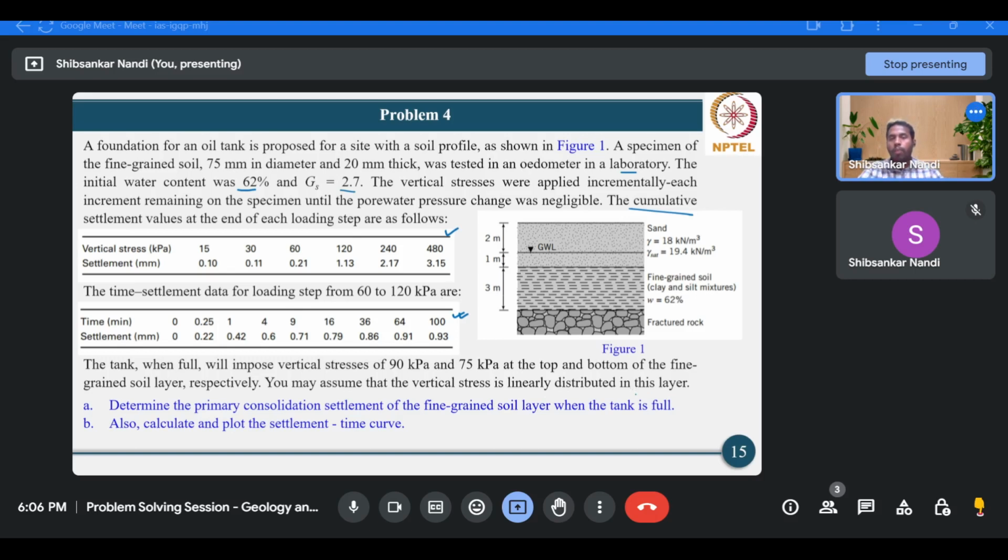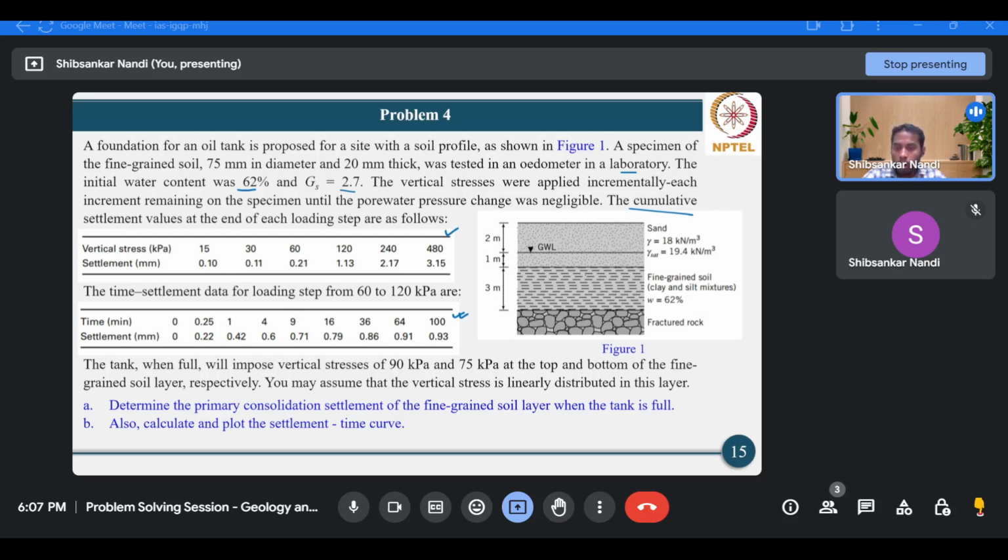As mentioned earlier, this site is chosen for the construction of a foundation for an oil tank. Now, when this tank is in the full condition, it will impose vertical stresses, and these stresses will not be uniform throughout the thickness of the layer.